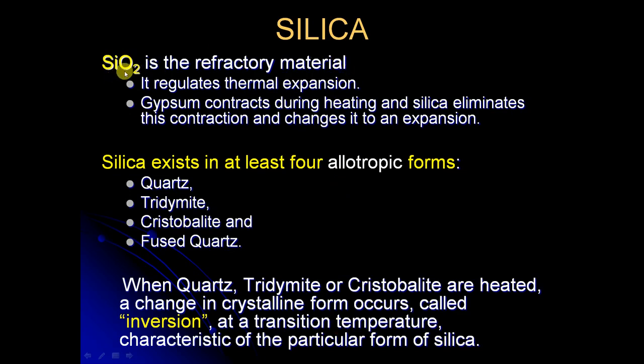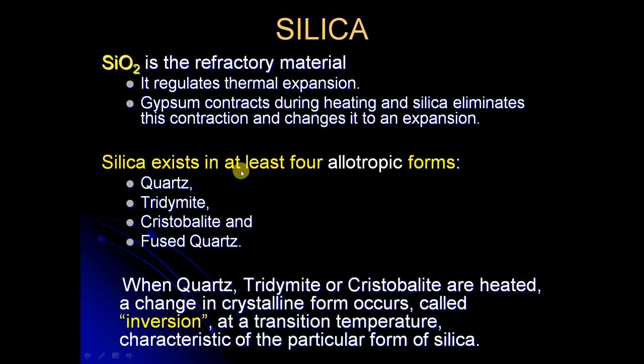SiO2, silicon dioxide, is the refractory material. It regulates thermal expansion. Gypsum contracts during heating and silica eliminates this contraction and changes it to an expansion.